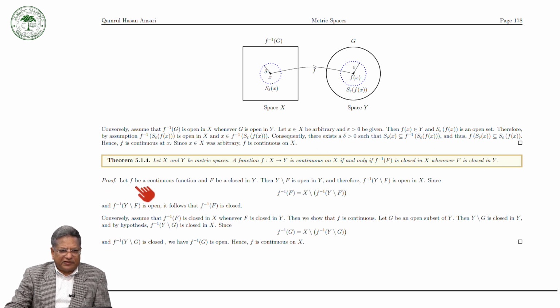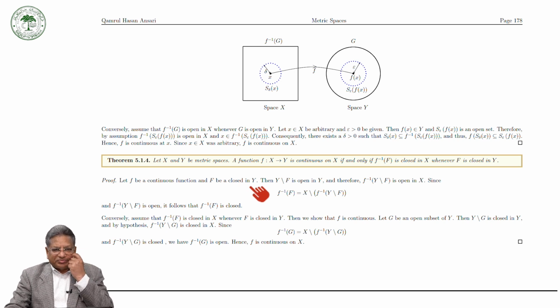So let f be a continuous function and capital F be a closed subset in Y. Then we will have to prove that the F inverse of capital F is closed, in other words, the complement of this is open in X. Now F is closed in Y, and therefore the complement of F in Y is open in Y, and we have already proved that f is continuous. So the inverse image of an open set is open. So f inverse of the complement of F in Y is open in X.